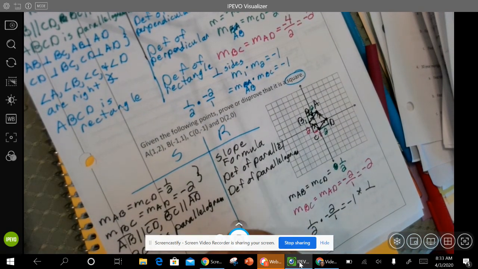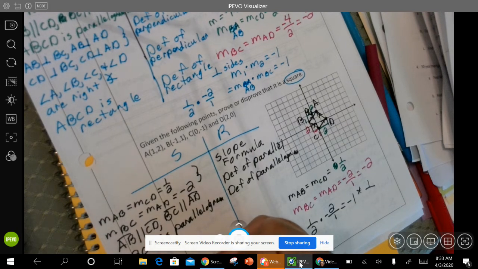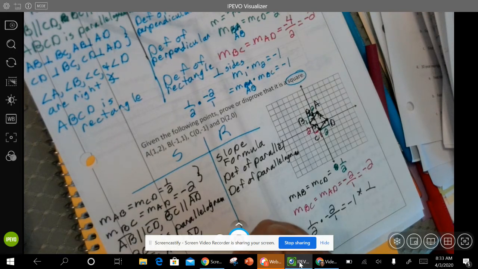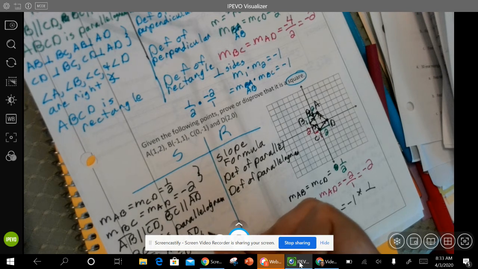So that means that AB is perpendicular to BC. AB is perpendicular to AD. CD is perpendicular to BC. CD is perpendicular to AD.